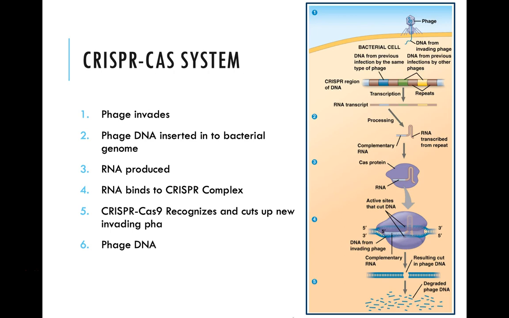And along with a set of proteins called the Cas proteins, that RNA will target DNA the next time that bacteriophage invades. When it recognizes this foreign DNA, it makes a cut. And so that invading phage DNA is no longer functional, and then it can degrade that DNA in the cell.